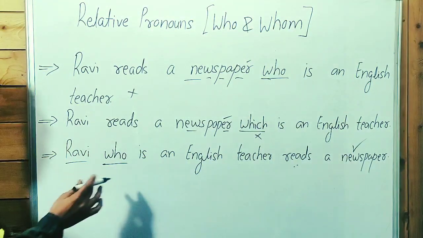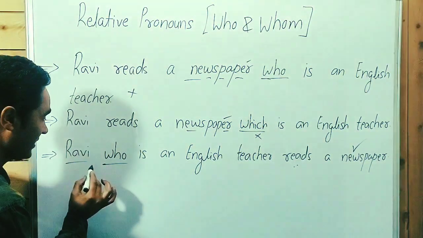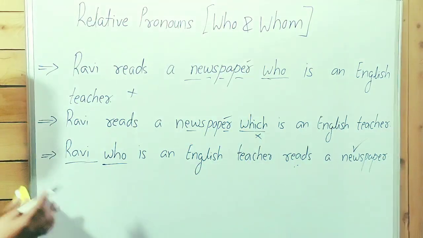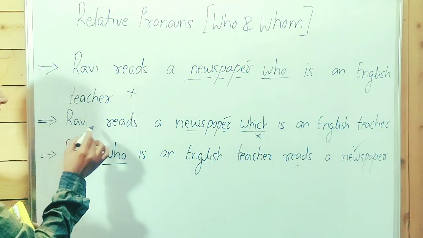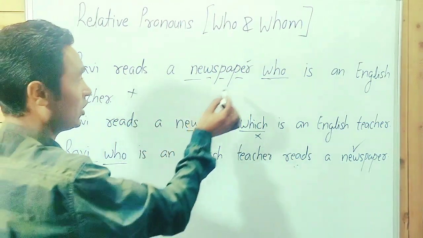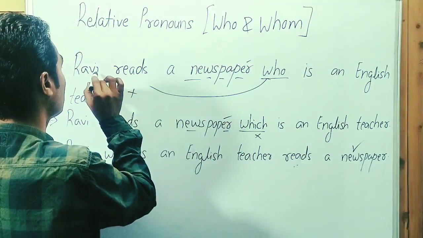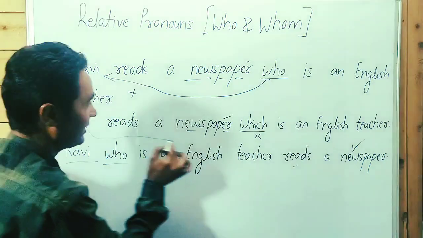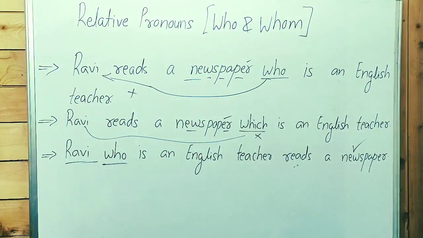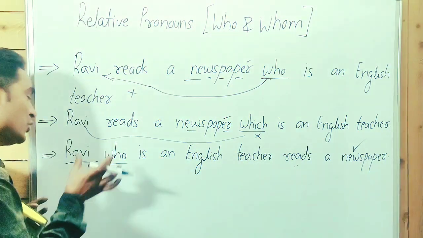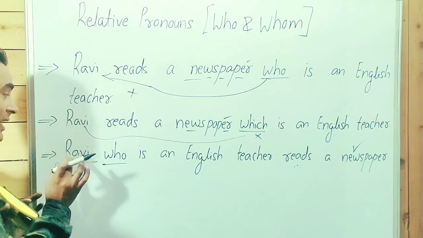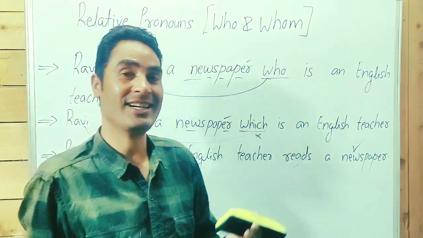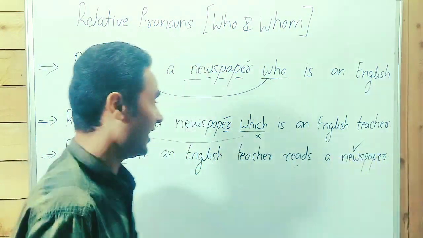Here Ravi is the antecedent and "who" is the relative pronoun. The antecedent must be as close as possible. In the earlier sentence, Ravi is over here and "who" is here; it's very far, so it should be as close as possible. Ravi, who is an English teacher, reads a newspaper.